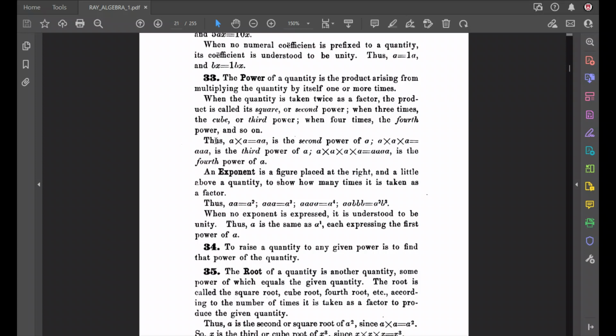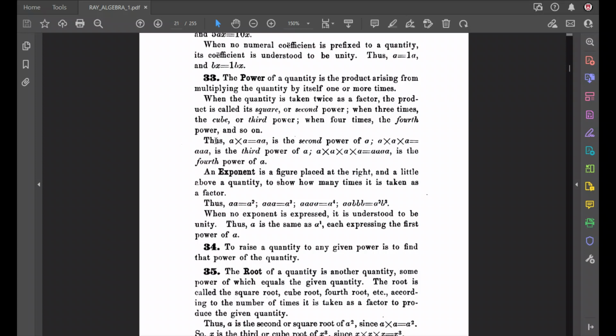So if I have a quantity A times the quantity A, this product is called the square of A, or the second power of A.